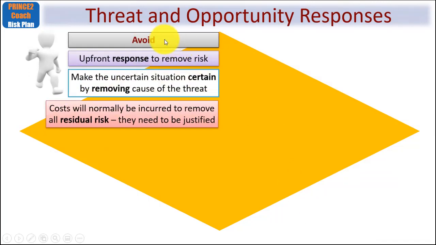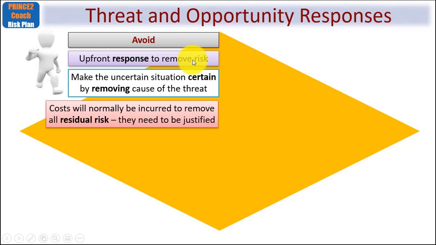Starting off with avoid. Now, as I say, these next few slides cover parts of the exam which candidates often struggle with. So what does avoid mean? It means you carry out some upfront response now and it removes the risk entirely. The risk has gone to 0%, either in terms of its impact and or its probability.